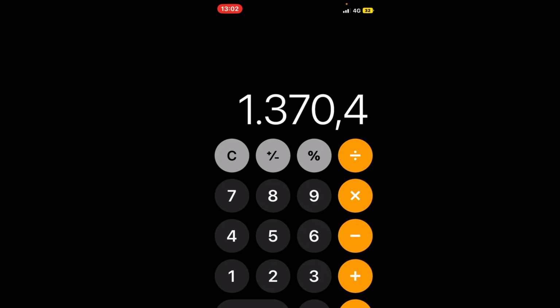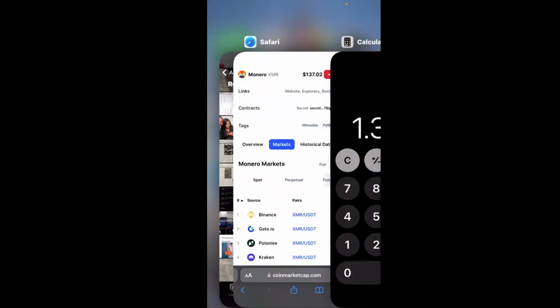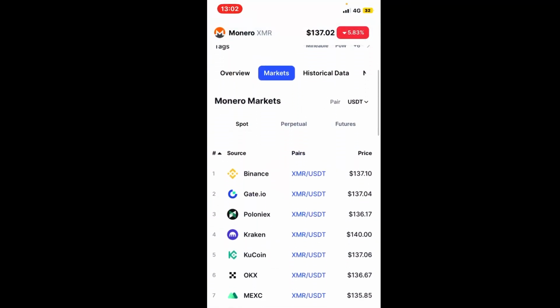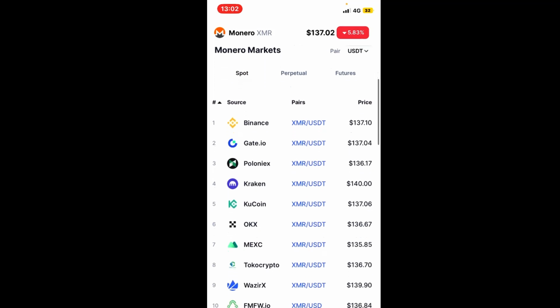Then you will transfer the 10 Monero to Kraken. Then you will sell it for $140. This is the price, $140.